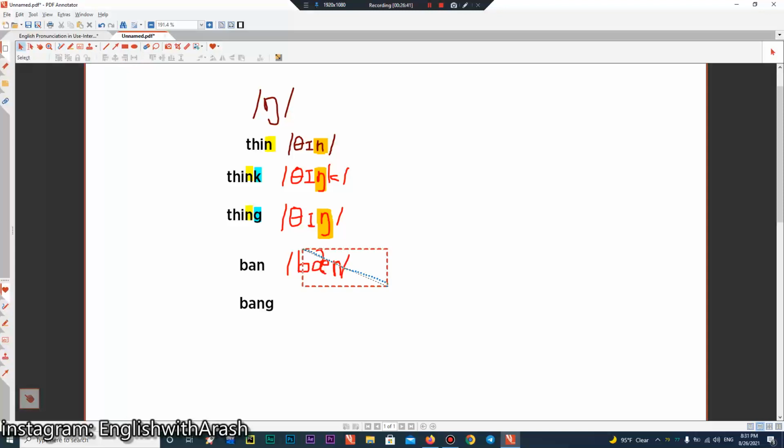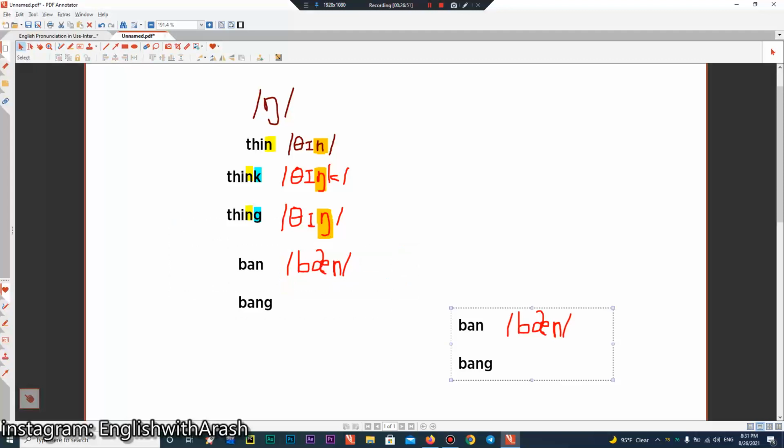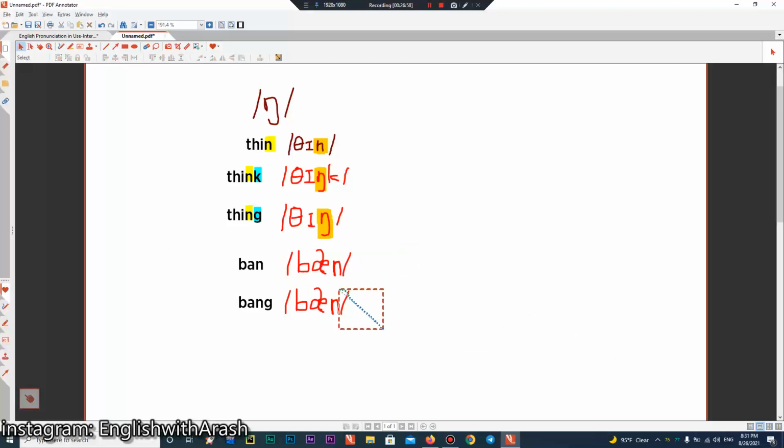But when I add the G to it, it sounds like this. Bang goes the sound that I just taught you.